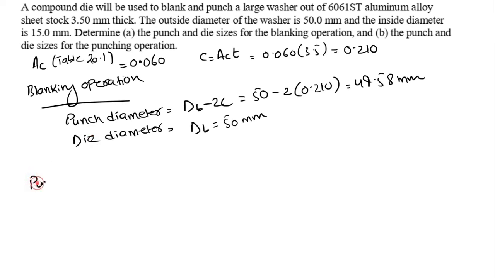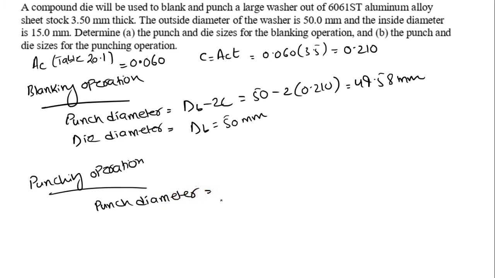And for the punching operation, we have the punch diameter, that equals Dp, which is 15 millimeter, because we need to punch a hole. The inside diameter is 15 millimeter, and the die diameter equals Dh, or you can say Dp plus 2c.